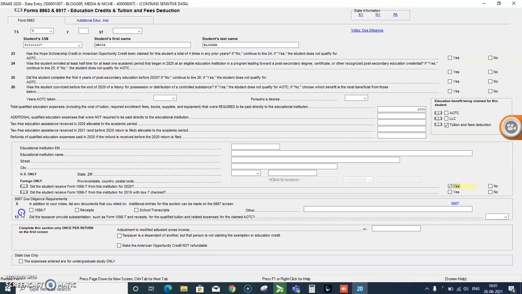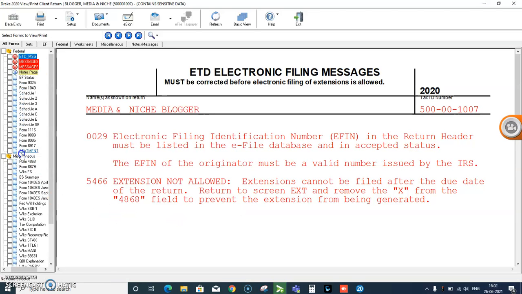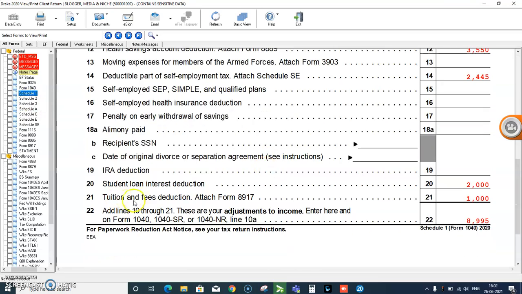You have to go through all the details like the 8867 due diligence requirements. In addition to your notes, list any document you relied on. Additional entries for the section can be made on 8867, like 1098-T, receipts, school transcripts, and everything else. Now control V. See, form 8917 has been generated, and also see in Schedule 1, you can see tuition and fees deduction attached on 8917, $1,000.